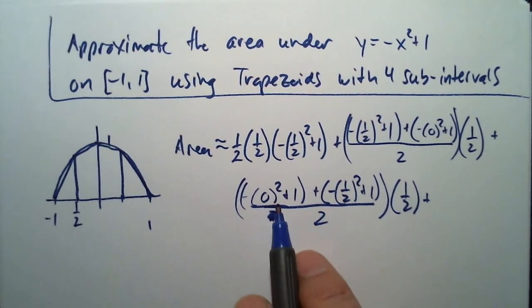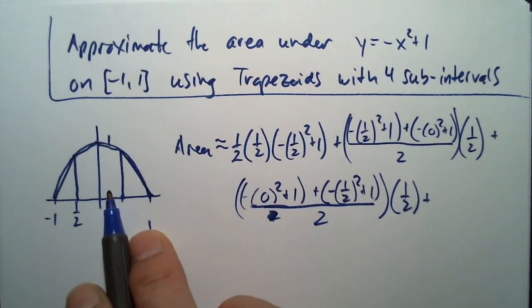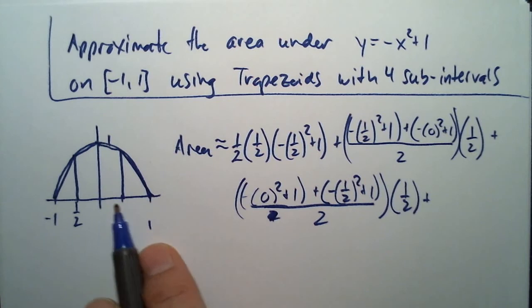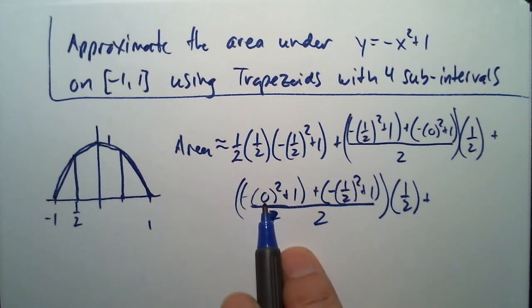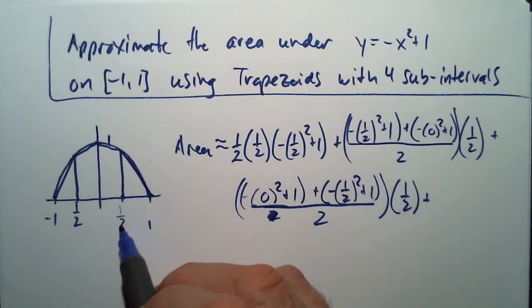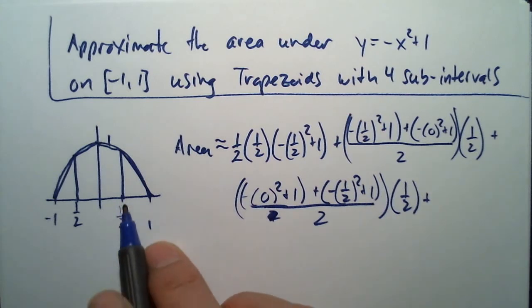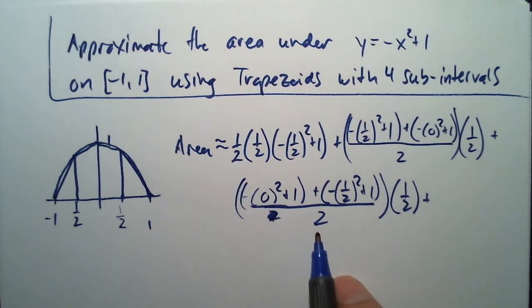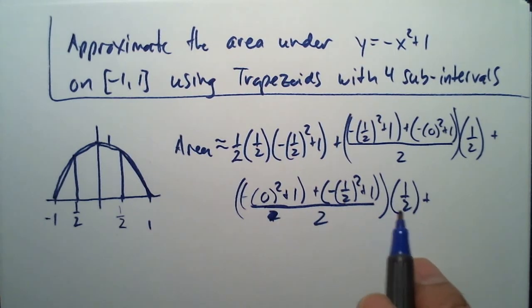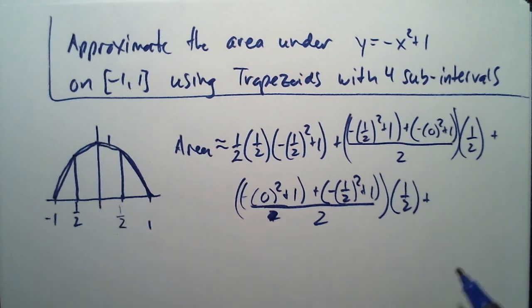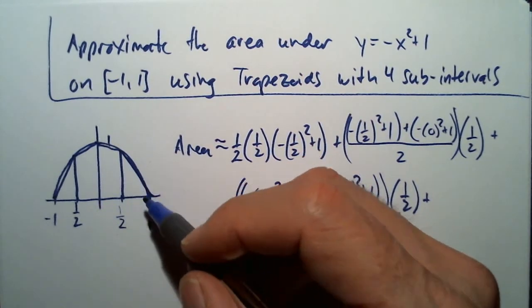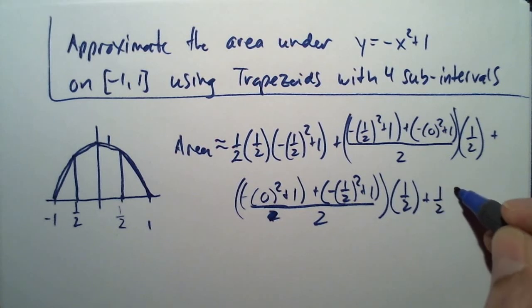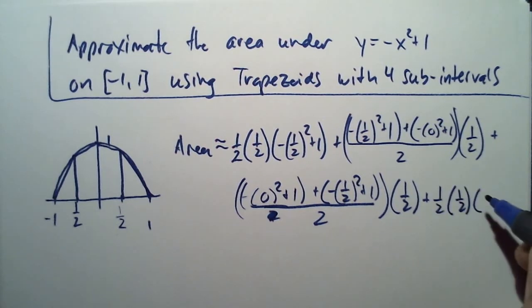Alright, so we're looking at this trapezoid. We need to have this height at 0, so I put a 0 into the equation, and we need to have the height at 1/2, so I put a 1/2 into the equation. These are the two heights. We want the mean of them, so we add them and divide by 2, and then multiply by the width. Then we have on the end is a triangle 1/2 base times the height.